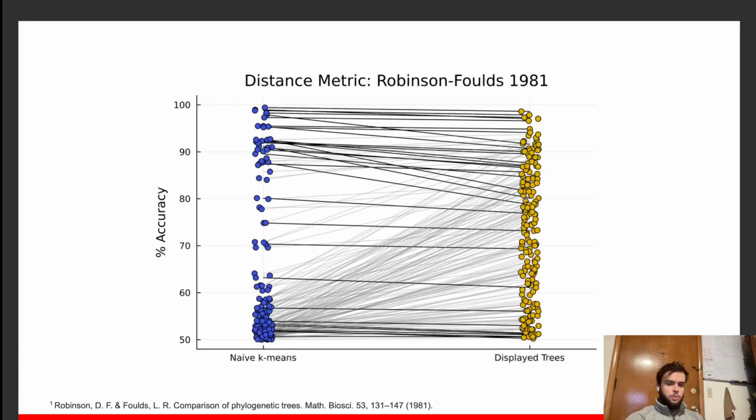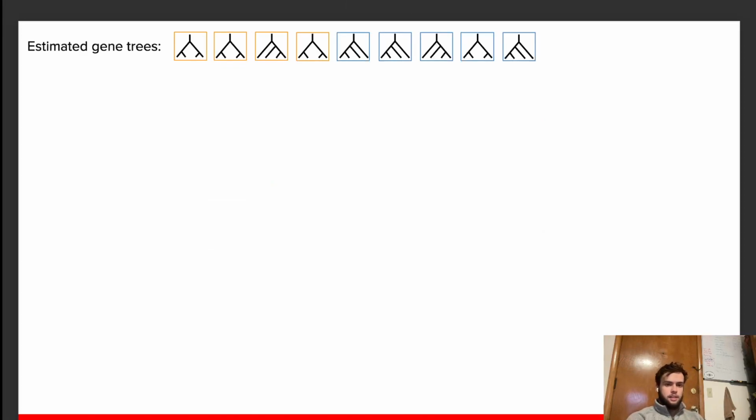And so if we want to be able to use a clustering approach with these pairwise distances, we need an approach that does better than this, that is more consistent and stable over time, and in individual runs. So that leads us to our algorithm.